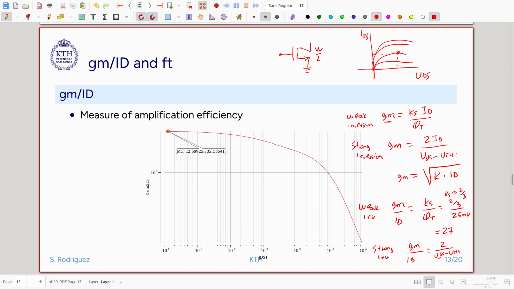So this is growing with the current, and then we will see that at the transition between the weak inversion and the strong inversion, the curve of gm over ID starts doing the following transition here, and then it goes down. So this will be weak inversion, and then when it goes down like this, it will be the strong inversion.